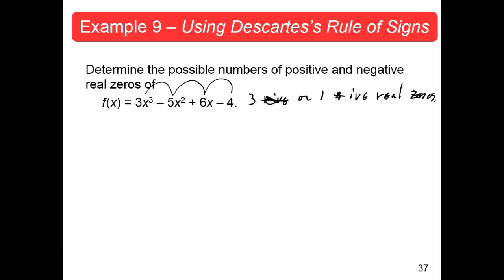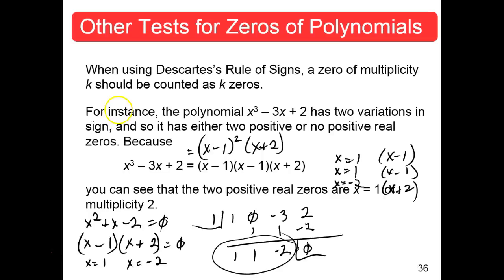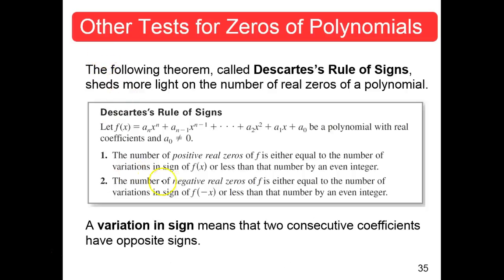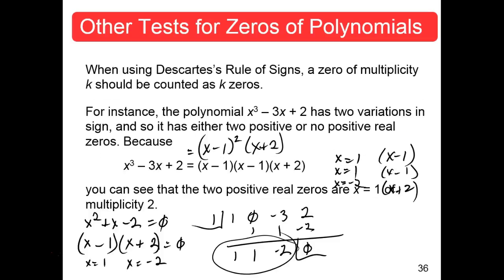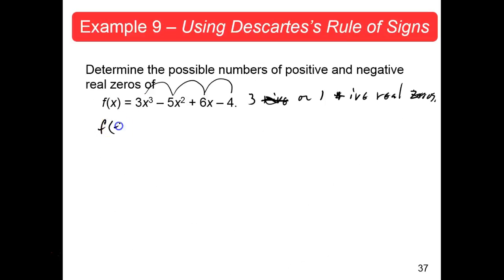Okay? Next part of Descartes' rule of signs says do what? Alpha of negative x gives the number of negative real zeros. So you go back here and do alpha of minus x. And what would that be then?